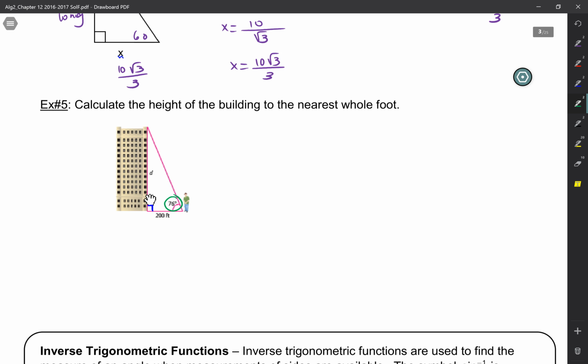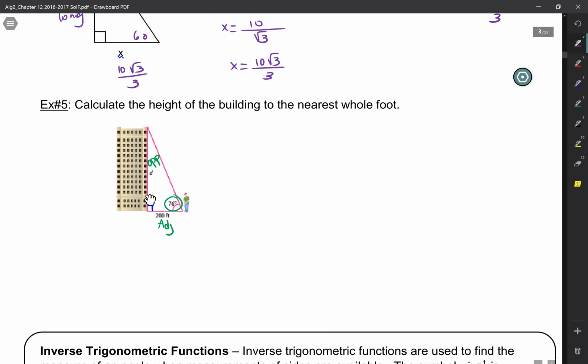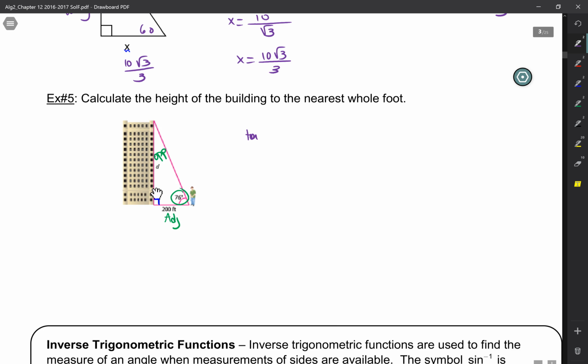So is D opposite, adjacent, or hypotenuse? Opposite. And what about 200? Adjacent. And if you have opposite and adjacent, which ratio is that? Tangent. So tangent of 76 is equal to what over what? D over 200.